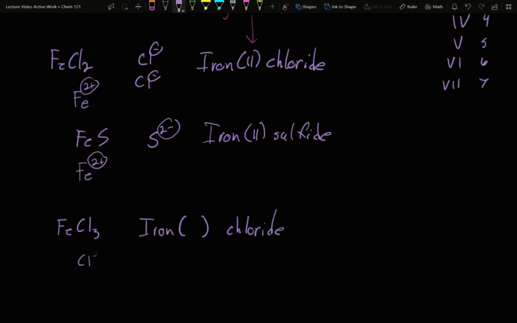Well, each chloride is a -1. So if I have 3 of them, I have 3 negatives. I have to balance my charge in my formula, so I must have 3 positives. And I have only a single iron to put them on. So it must be a 3+ iron, so it is iron(III) chloride.